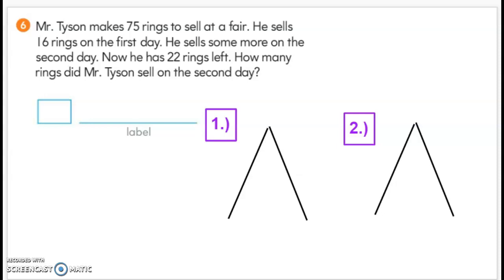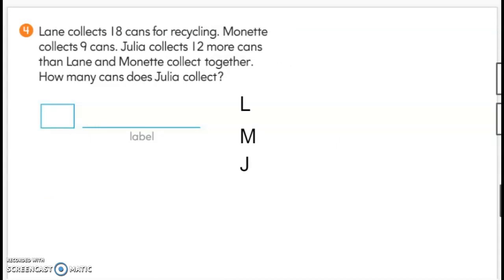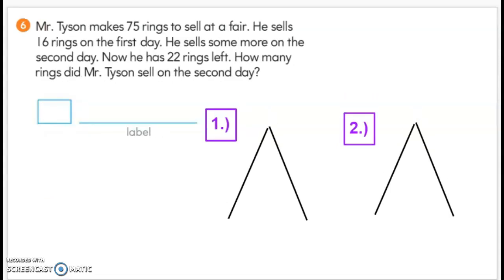Each one of these last 3 have 2 steps. So if you do just 1 step and you put your answer here with the label, you know that's not correct because I'm telling you right now that all of these story problems today all have 2 steps to get the final answer. Okay, so go ahead and read 4, 5, and 6 to solve.